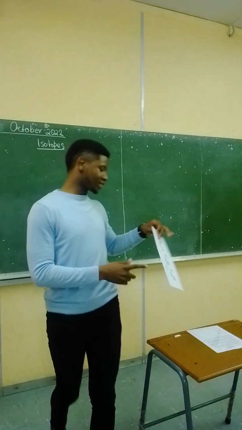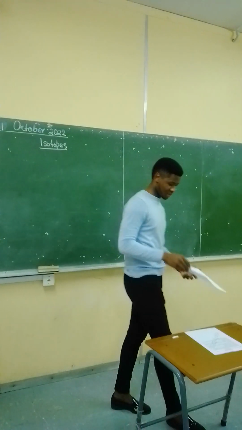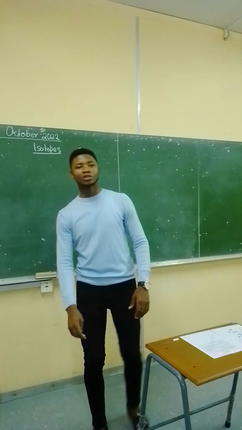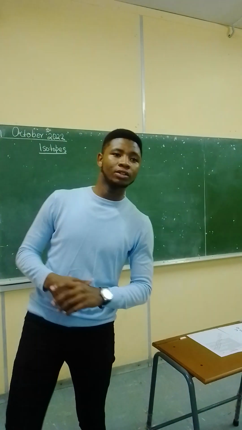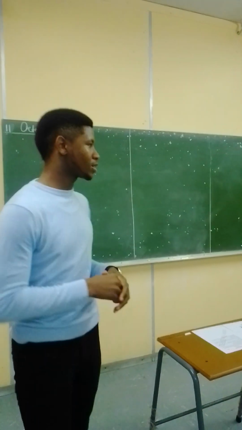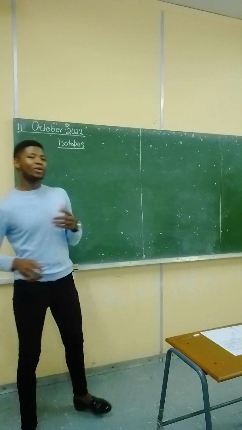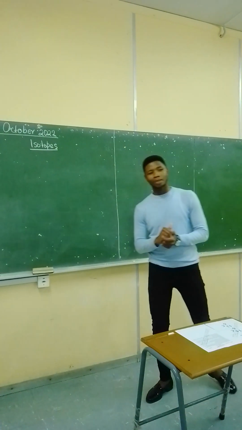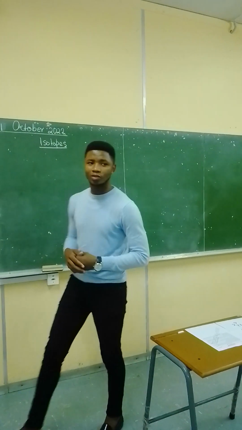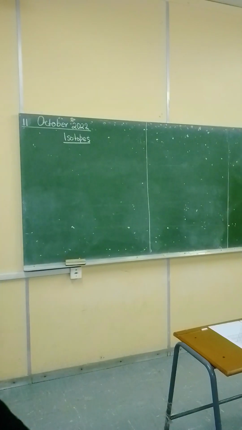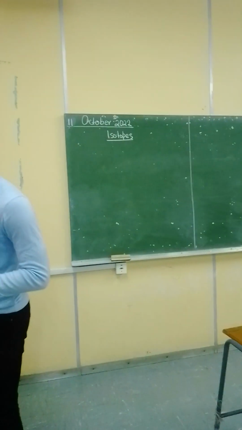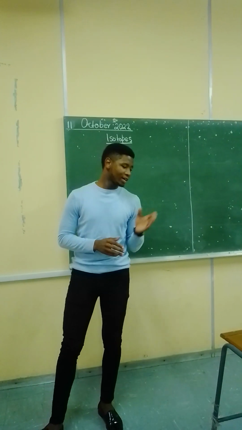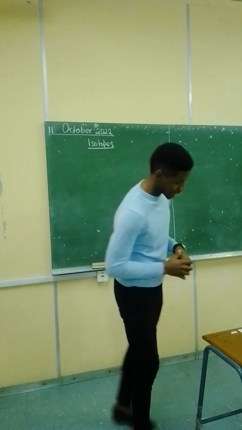Now, according to what we have read there, what are the isotopes? Is there anyone who can tell us the definition of the term isotopes? Yes, you are correct. If we're talking about isotopes, we're talking about atoms that have the same number of protons but different number of neutrons. Because they have a different number of neutrons, they're going to have a different mass number.